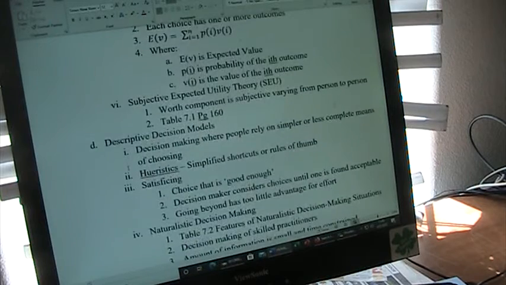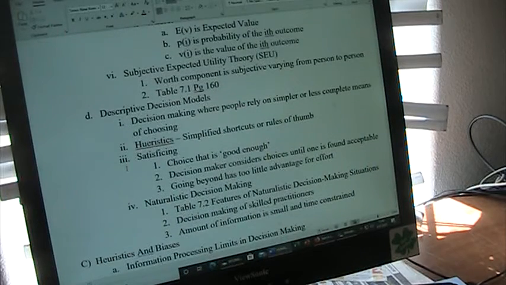After that, we have subjective expected utility theory. That means it's very similar to utility theory, but the worth component of every individual outcome is subjective for every person.